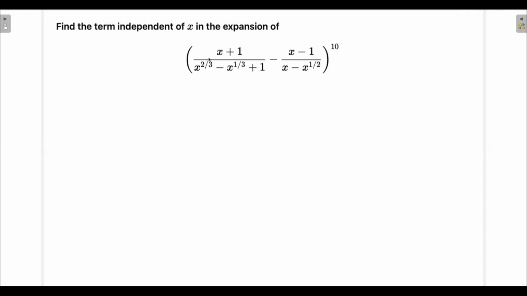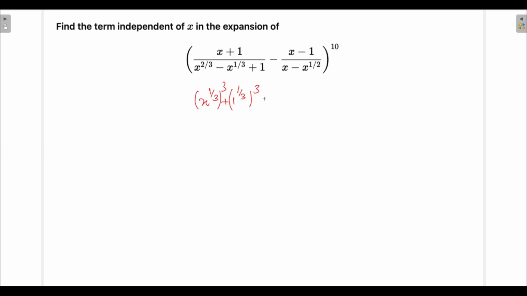But if we look very closely, there is something like x raised to the power 2 by 3 minus x raised to the power 1 by 3 plus 1 and so on and so forth. And there is something like x plus 1 in the numerator. So if you look closely, you could think of x plus 1 as x raised to the power 1 by 3 whole cubed plus 1 raised to the power 1 by 3 whole cubed.